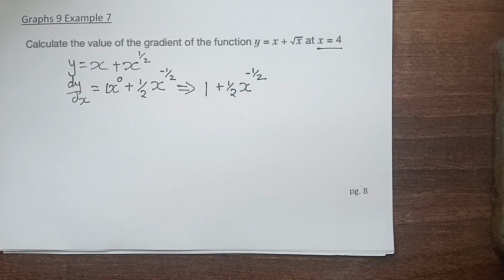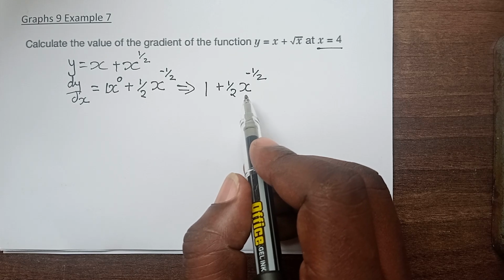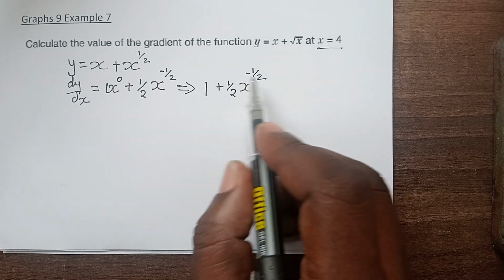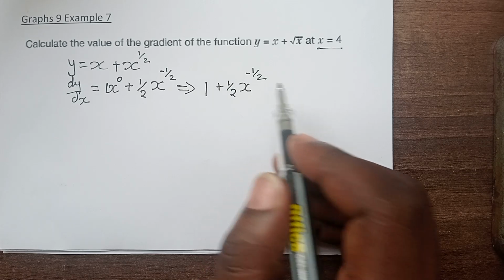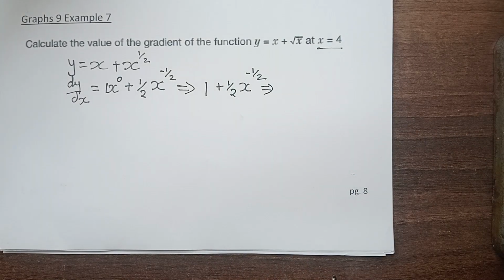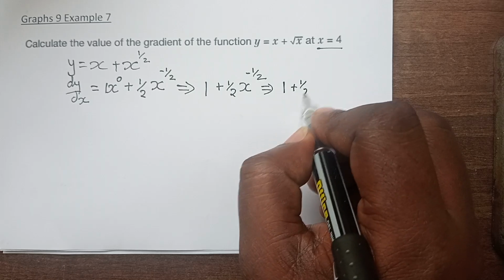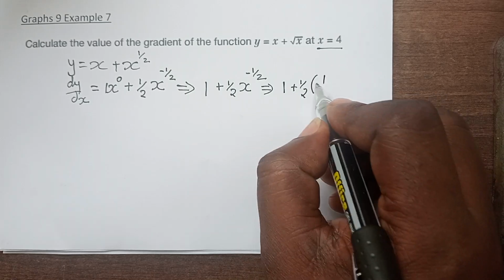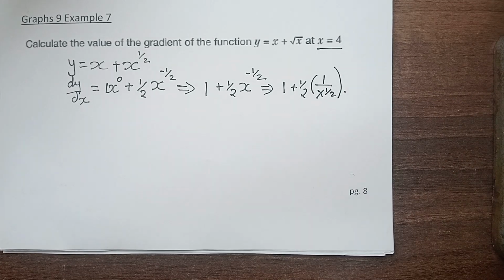And of course, we know, according to the laws of indices, any variable that is raised to a negative index power is the same as having that variable go to the denominator position, and then we have it raised to a positive power. So we're going to have 1 plus a half times 1 over x raised to power a half.